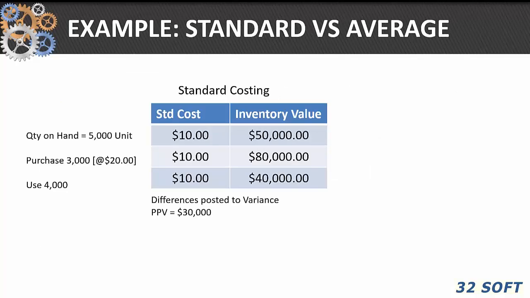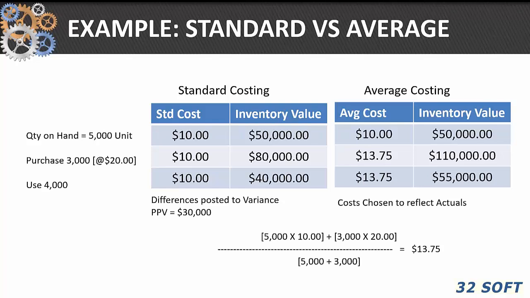Here's an example. If I start off with 5 units at $10, I buy 3 at $20, and use them in a standard cost, pretty straightforward. I start off with $50,000. I purchase an additional amount and use it at $10. That means I'm going to have $40,000.